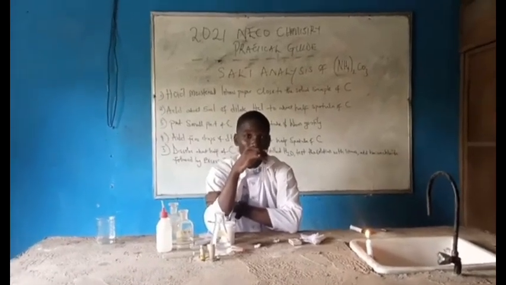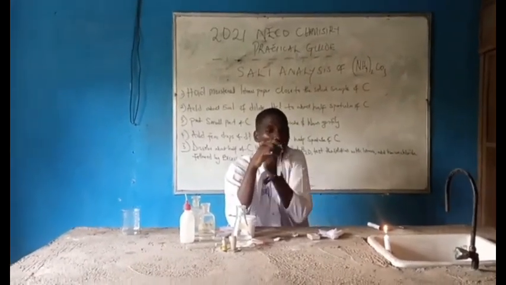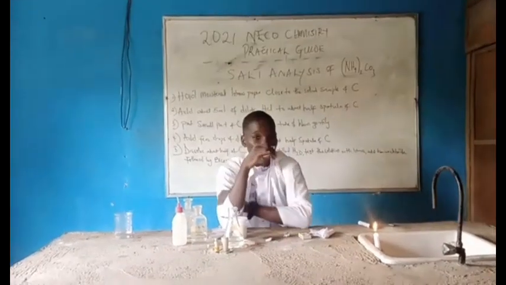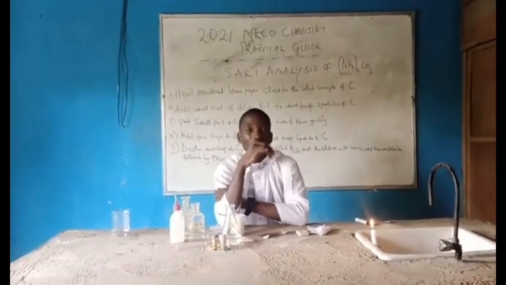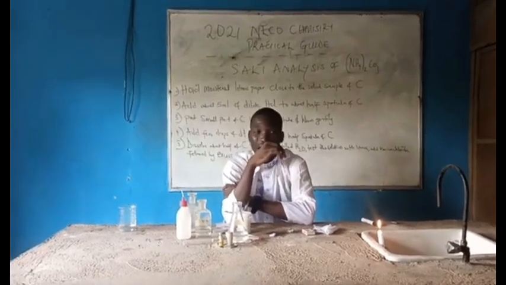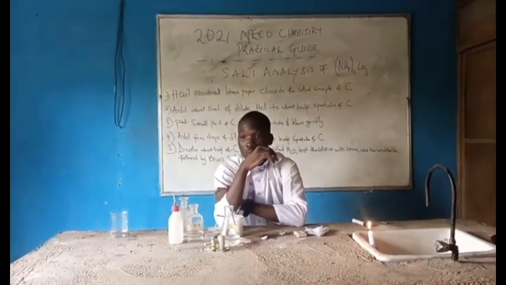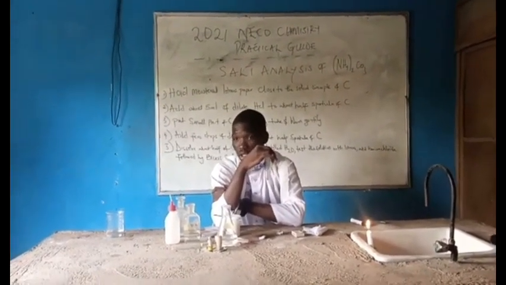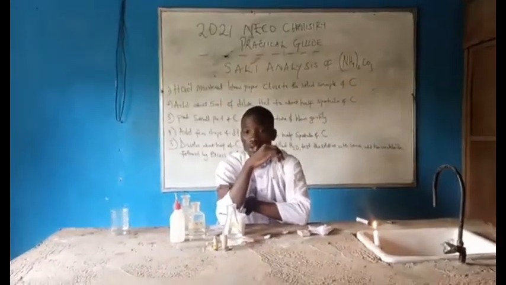And when you form that white precipitate, we also observe ammonium chloride under it. So under our inference, it's going to be written that we observe ammonium ion. Our inference is ammonium ion. So the next thing to do is that I'll pour this out now.